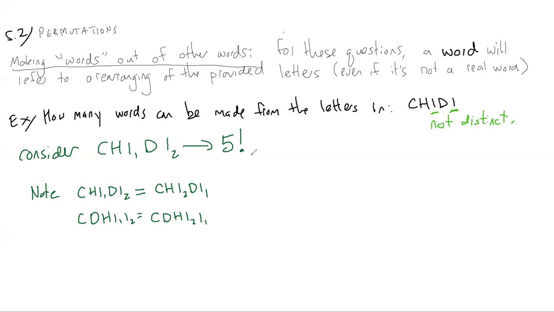So what we're going to need to do at that point is divide by 2, because every location for the I's actually shows up twice. That's a really terrible way of saying it, but I'm tired. So every I location, I don't know how to say that better, shows up exactly twice.